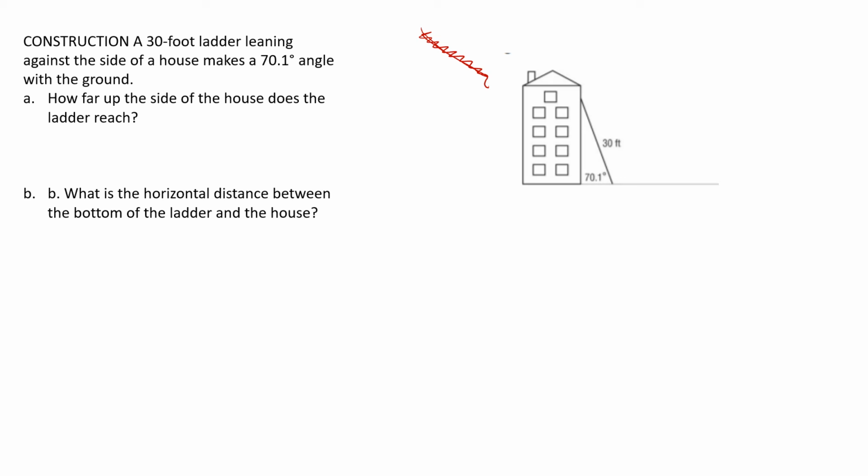Okay, so how far up the side of the house does the ladder reach? Which means that you have to find, let's suppose, this y value, the distance from the top to the bottom of this, in part A. And in part B, they are asking what is the horizontal distance between the bottom of the ladder and the house.